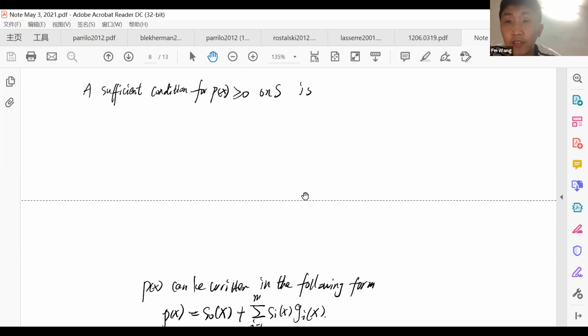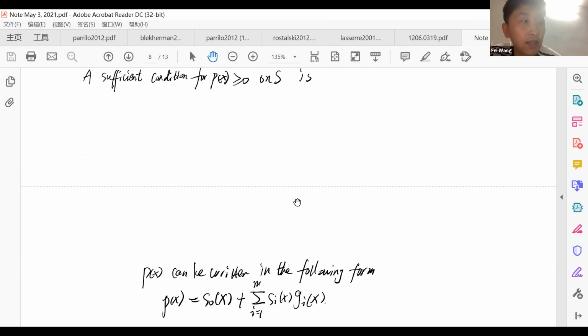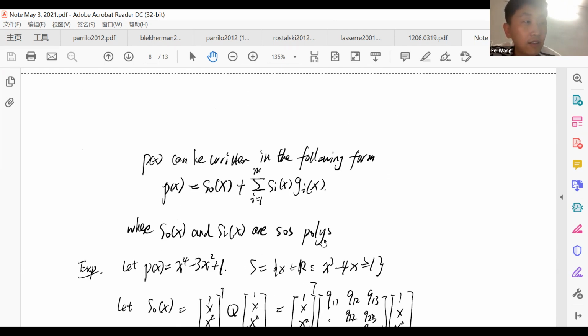A sufficient condition for P(x) to be non-negative on S is that P(x) can be written in the following form: P(x) equals s0(x) plus the sum of si(x) gi(x), where s0(x) and si(x) are all sum of squares polynomials.